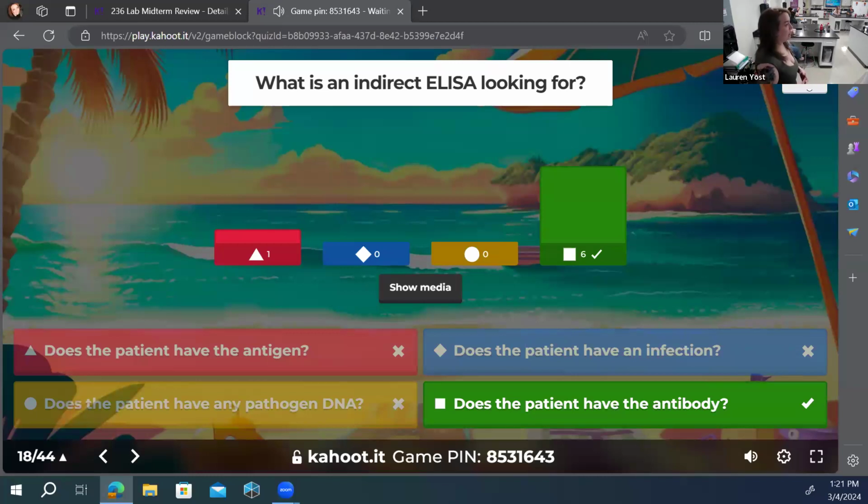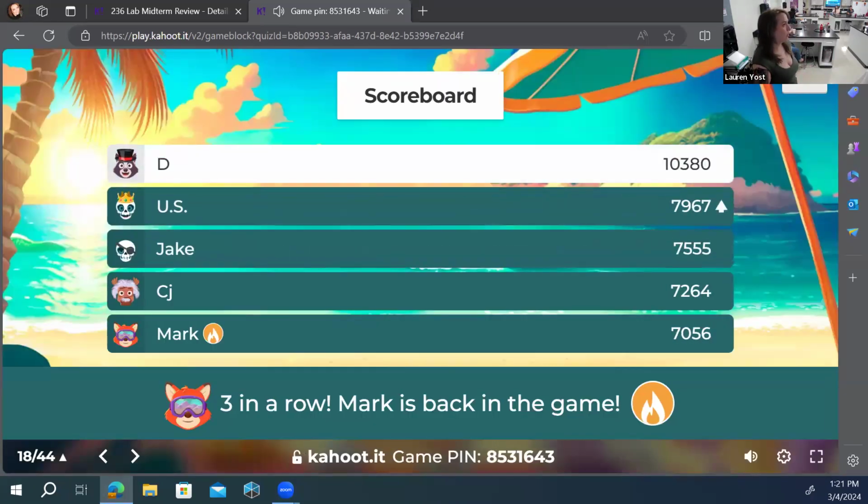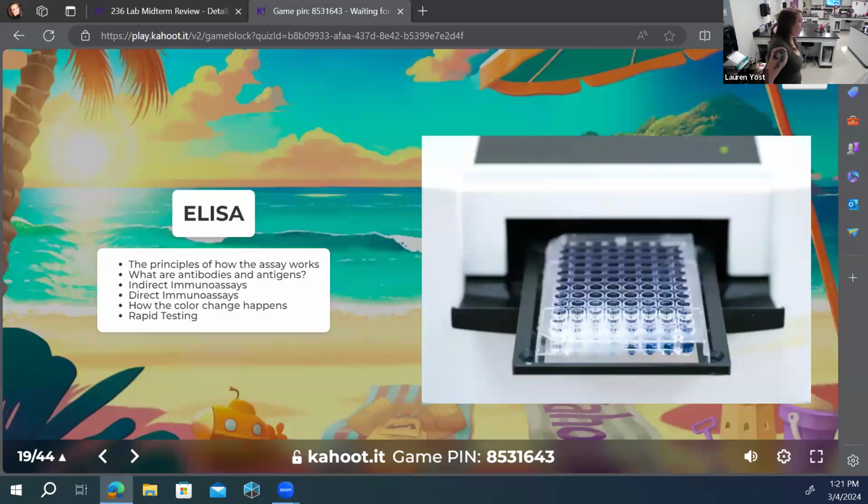So if that patient has been exposed to this pathogen at all, they may not still have a present infection, but they could still have antibody lingering from having had the infection. And even that may give you some information you need medically when you're diagnosing something. All right, that's it for ELISA, I guess.